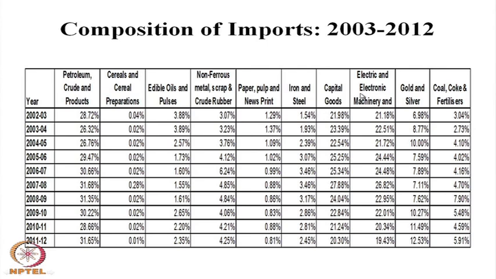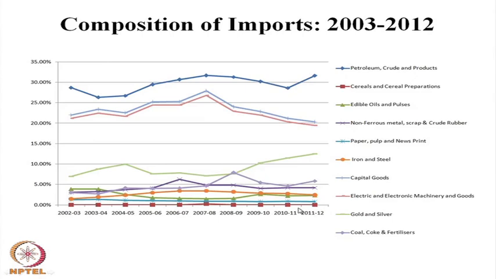Electricals, machinery and electronics goods are there, nearly 20 to 25%. After that it is gold and silver, which is nearly 12% of our import basket.